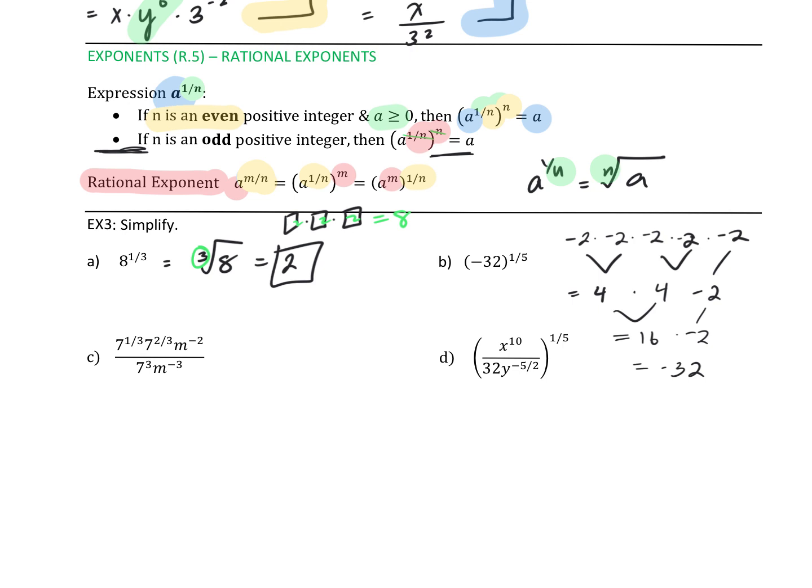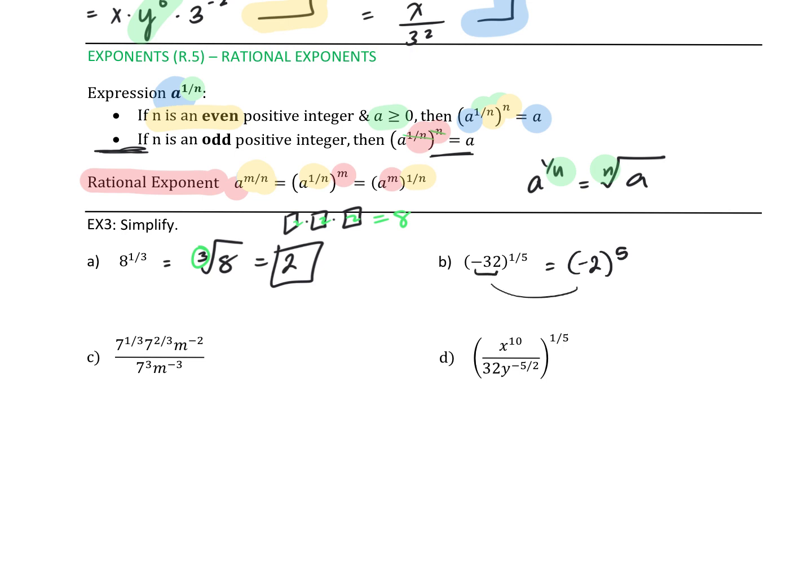So negative 2 raised to the 5th power would be negative 32. So I've changed this to negative 2 raised to the 5th power, but it's also still raised to the 5th power. So I can go ahead and use this bottom rule. Cancel those 5's, and what's left over? Negative 2.